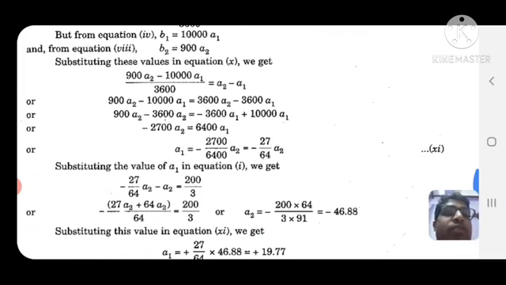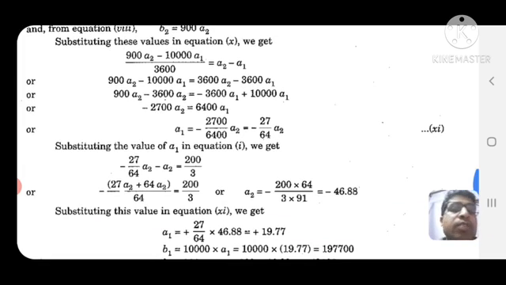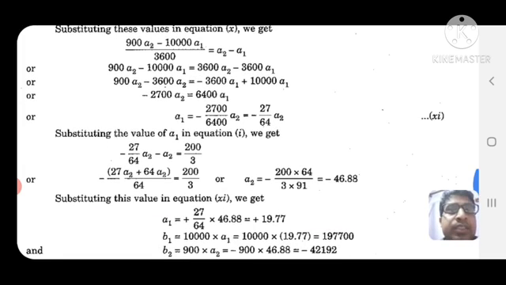Substituting these values in equation X, we get 900 A2 minus 10000 A1 by 3600 equal to A2 minus A1. So 900 A2 minus 10000 A1 equals 3600 A2 minus 3600 A1.